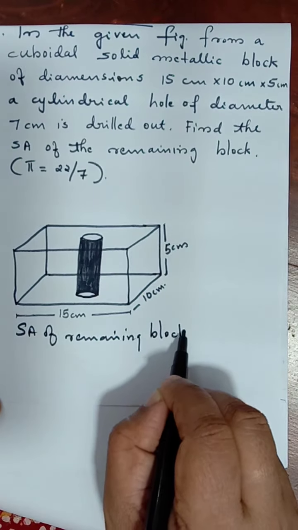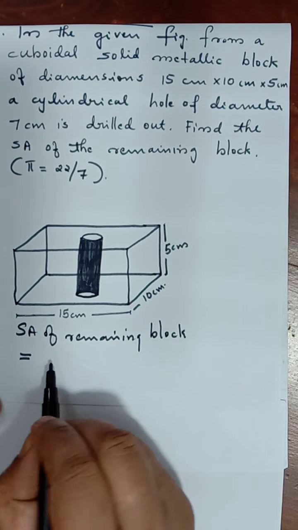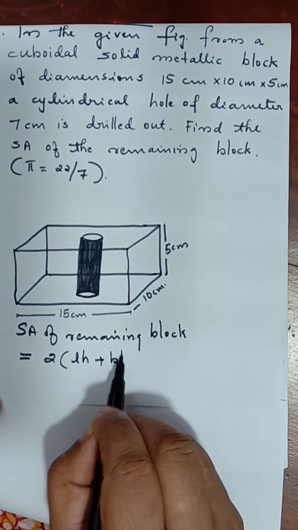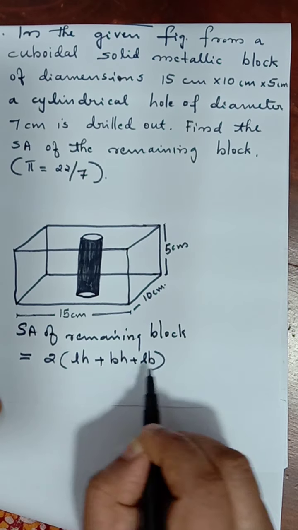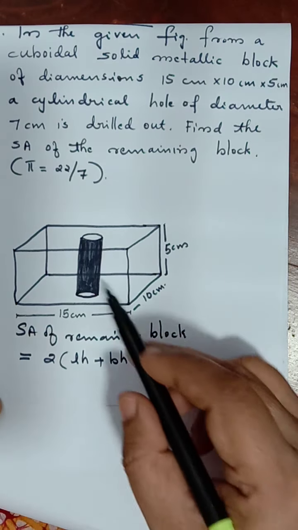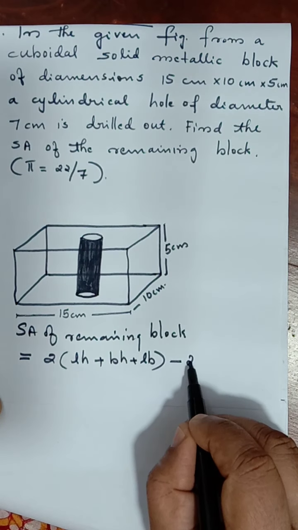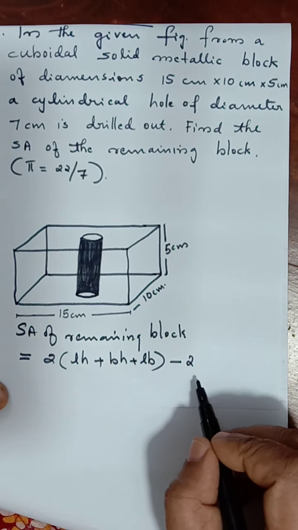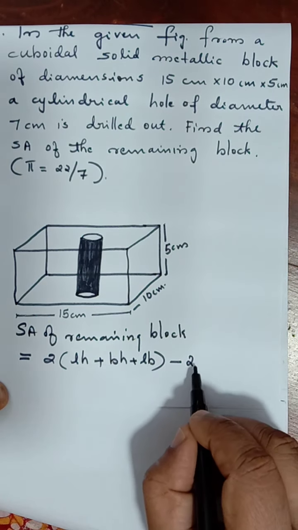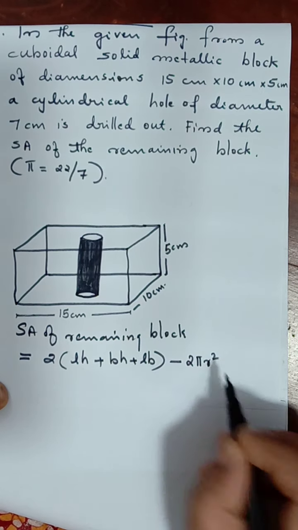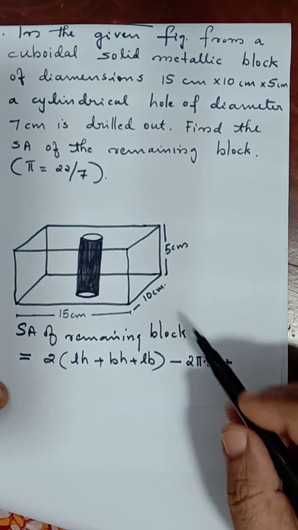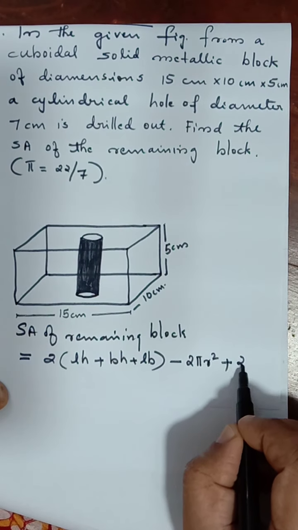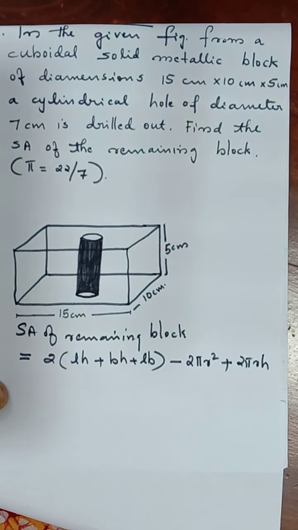Here we consider the complete area, that is 2 times LH plus BH plus LB, from which we subtract 2 circular regions. Area of the circle is pi r square, so we have 2 pi r square. That is top and bottom. Then we have to add the CSA of the cylinder, that is 2 pi r h.